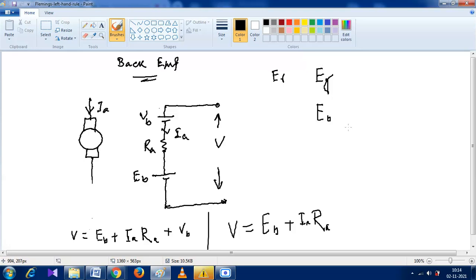This back EMF opposes the applied supply voltage. That's why this voltage is named back EMF. So in case of a motor, the rotational EMF is called back EMF.